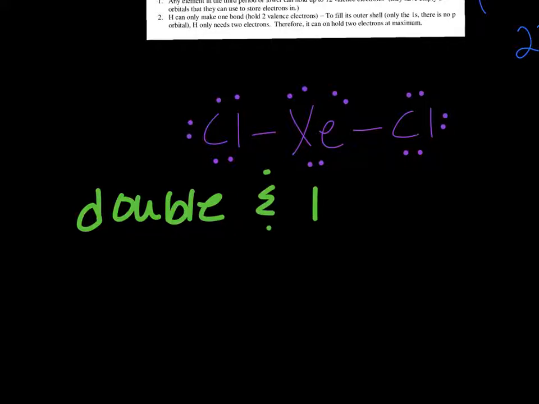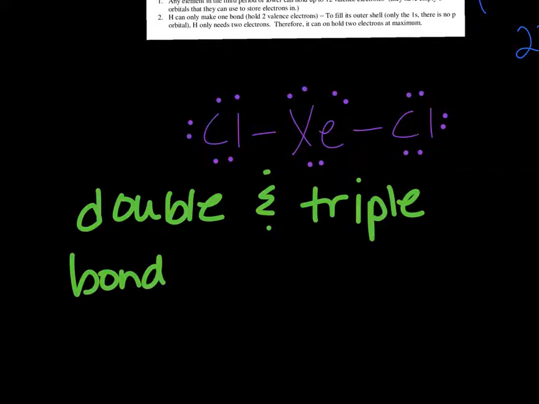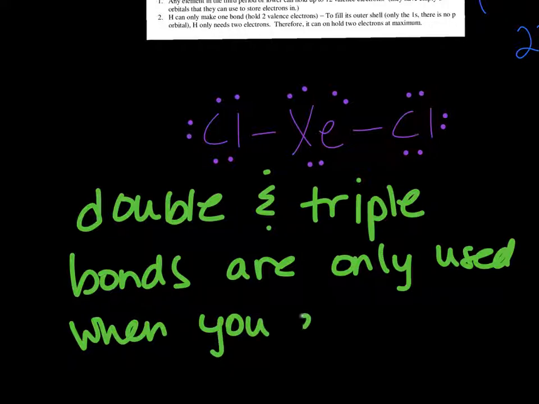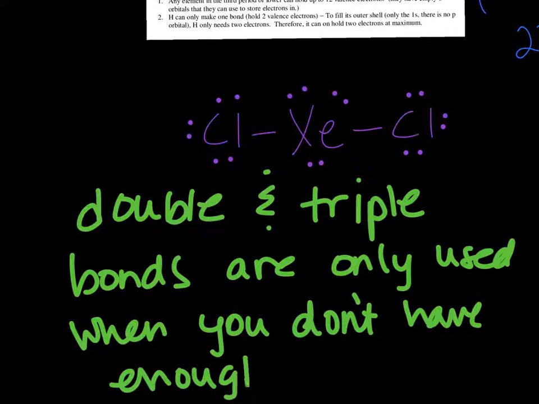They are only used when you don't have enough electrons. So if you have extra electrons, they go on your center atom. They do not make double or triple bonds. You only make double or triple bonds when you don't have enough.